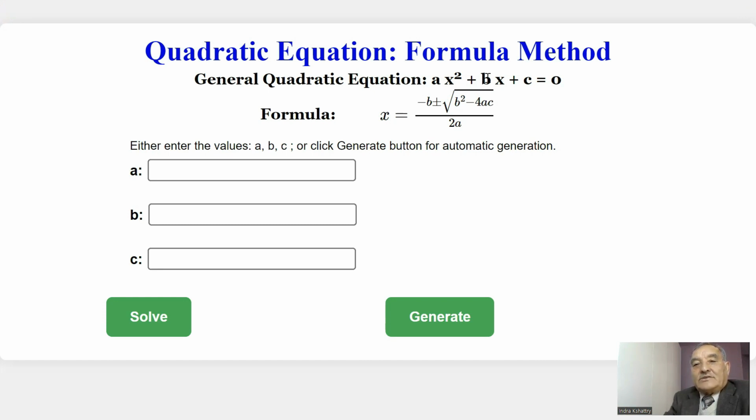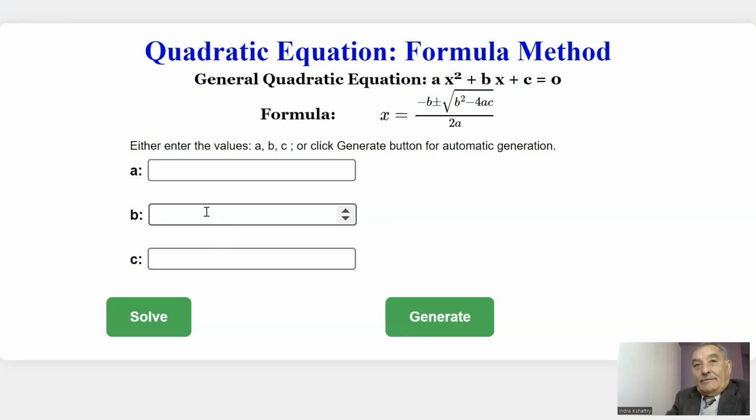Different combinations of these values generate infinitely many quadratic equations. First, we need to have these values of a, b, and c to input in these user input boxes. There are two ways that we can have these values to input here.